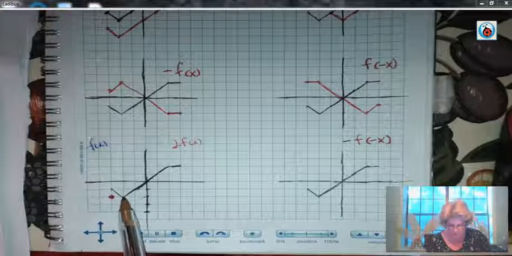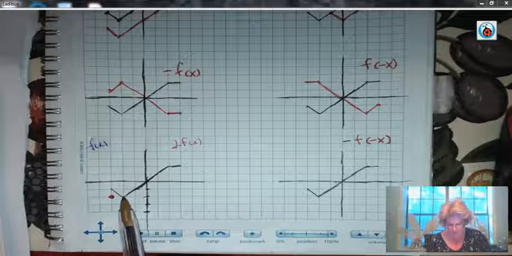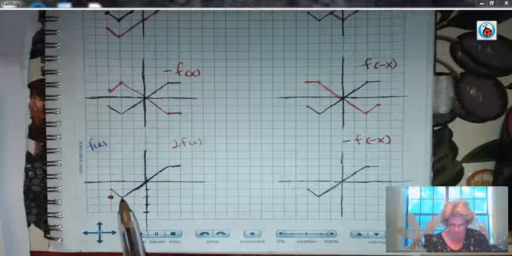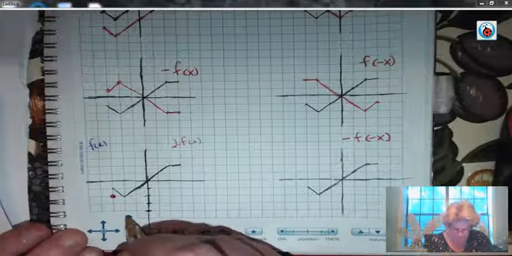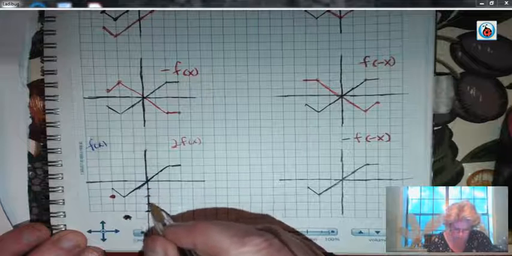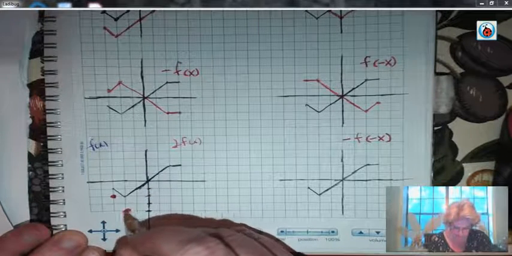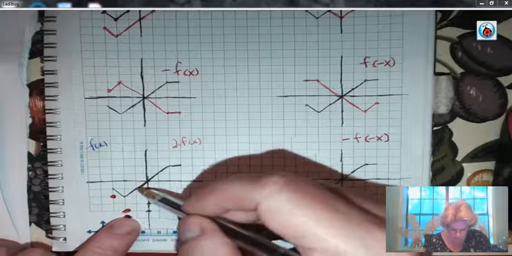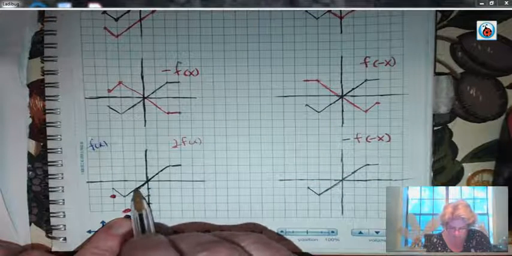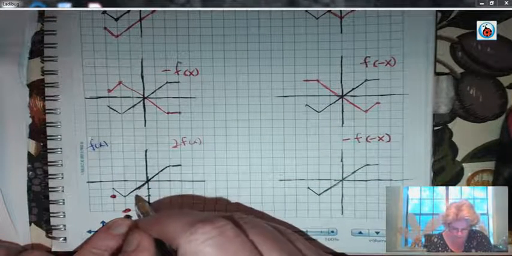Well, the y-coordinate is -2, so the new y-coordinate will be 2 times -2, so the new y-coordinate will be -4, but the x-coordinate will be the same. 1, 2, 3. Okay, it'll be about there. Not bad. Okay, this one, its y-coordinate is -1, so the new y-coordinate will be 2 times -1.